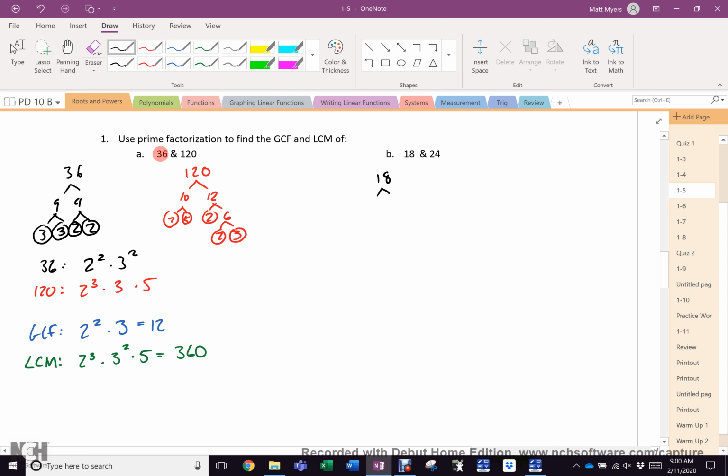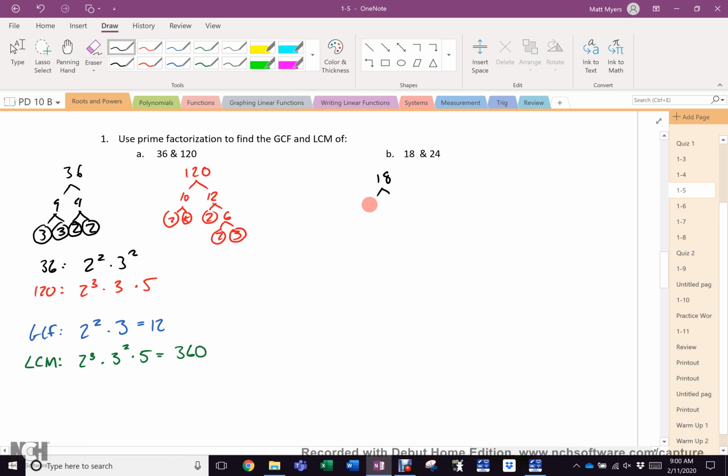Because 36 times 4 is 144. So it's not that. 36 times 5 is 180. Well, 120 doesn't go into 180, right? So you keep going. Then you get up to 36 times 10, 360. 120 times 3, 360. That's what it is. Easy when the numbers are close or small, or that they work so well together, like 12 is a multiple of 36, right? When you see numbers, it's easy.